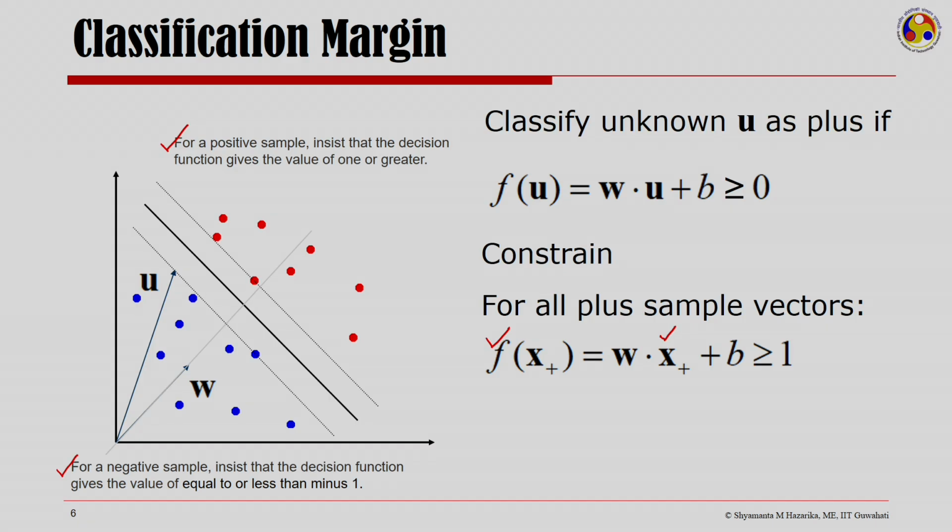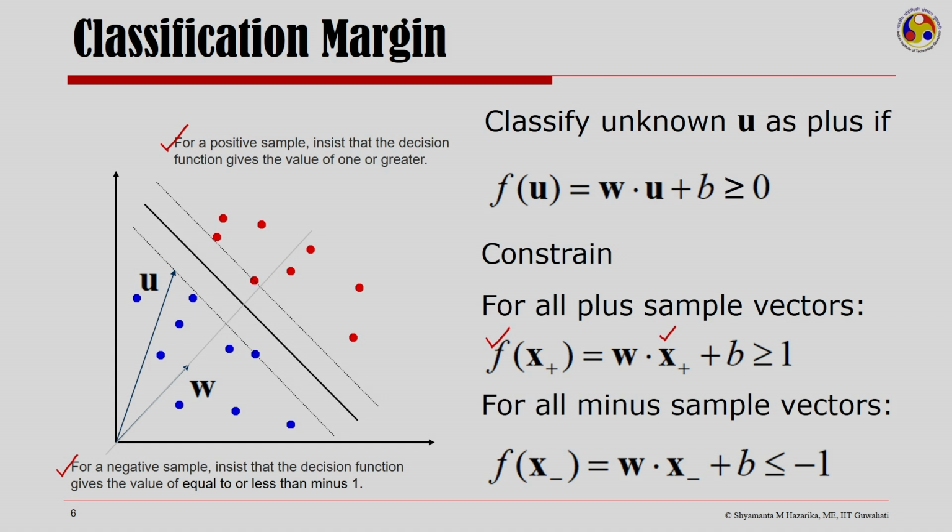So, for all positive samples we insist that the decision function gives a value which is 1 or greater, and for all negative samples we write w dot x minus, plus b is less than or equal to -1. So, this is the constraint that we add.